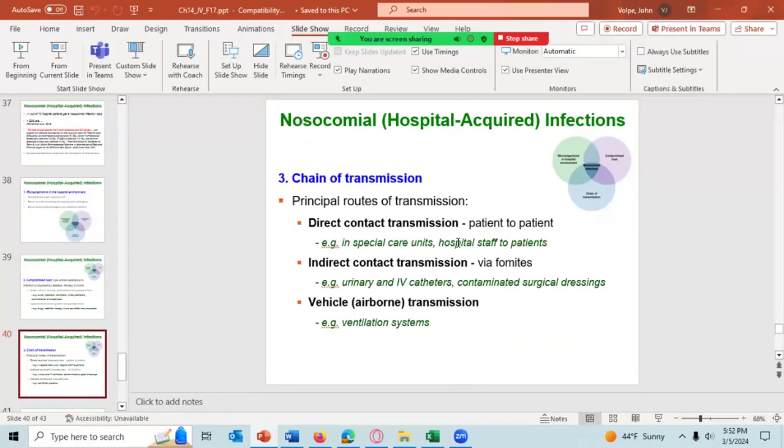Hospital staff can also spread disease. So after they touch a patient, even if they're wearing gloves, they should remove the gloves and wash their hands before moving on to the next patient. There can be indirect contact transmission. This happens via fomites, like urinary and IV catheters, contaminated surgical dressings.